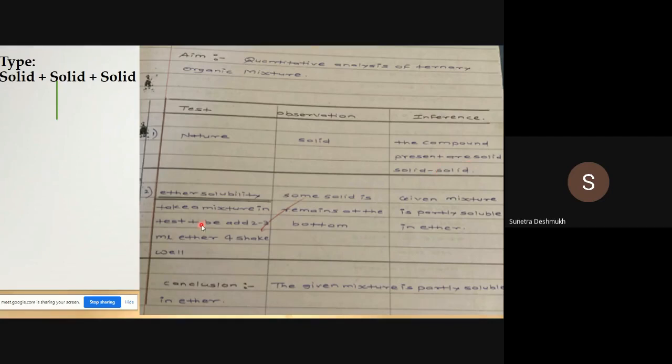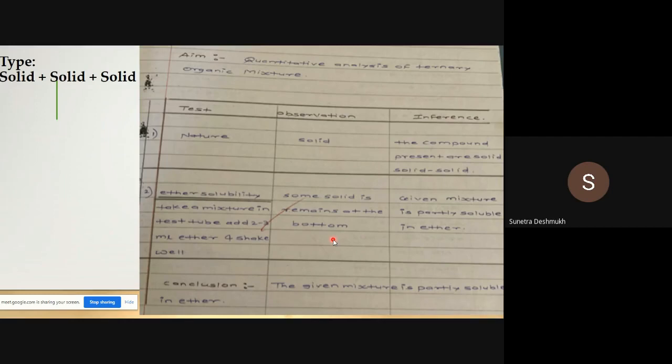Next, we go for the ether solubility test. We have to check whether all three solids are soluble in ether or not. Take a small amount of your mixture in a test tube, add 2 to 3 ml of ether and shake it well. After checking, you go for the observation.